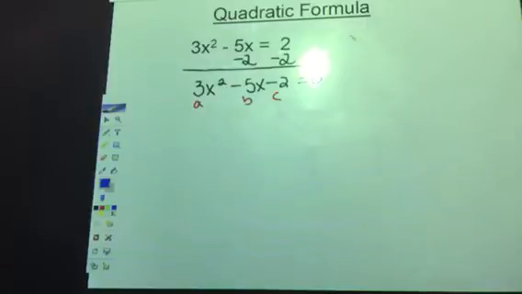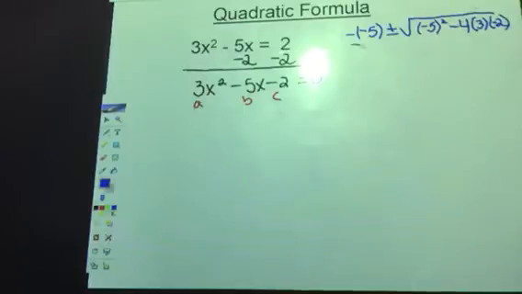When I do that, I'm going to get negative times negative 5 plus or minus the square root of negative 5 squared minus 4 times 3 times negative 2.